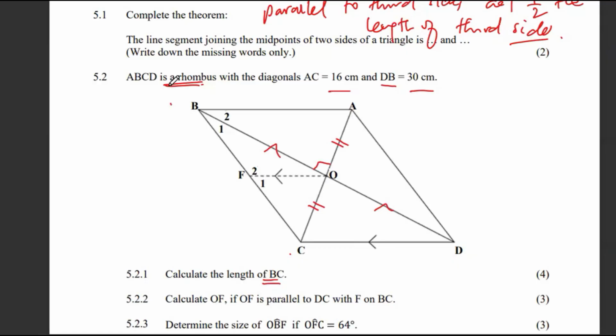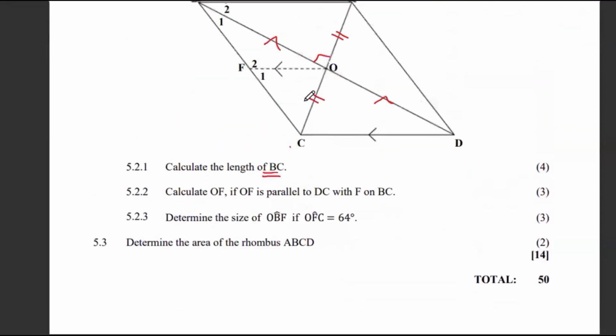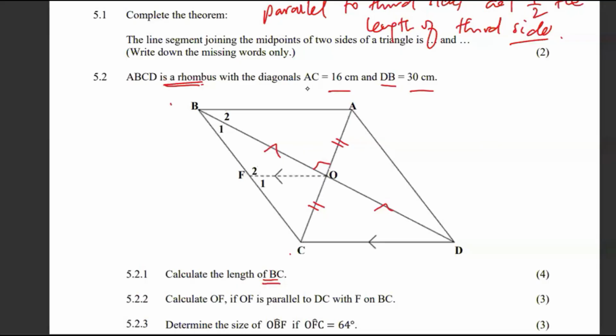So what you're going to do, start by telling us, this topic needs reasons. So our first statement, I don't know if we're going to have space down. Okay, that's fine. I'll say 5.2.1. We're going to say that BO, since BD is 30, meaning that this is 15, we're going to say it's 15 centimeters. The reason, we're going to say diagonals of a rhombus.